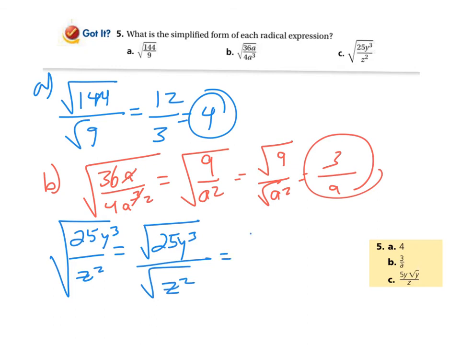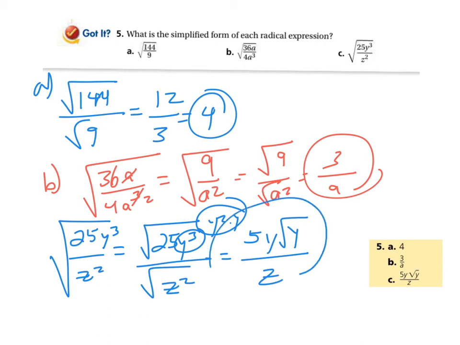Well, square root of 25 is 5. Square root of, and again, we practiced this before, this is technically y squared times y, right? So one y comes out, the other y stays inside, and the bottom square root of z squared is z. And that is the reduced form, or simplified form, of this radical.